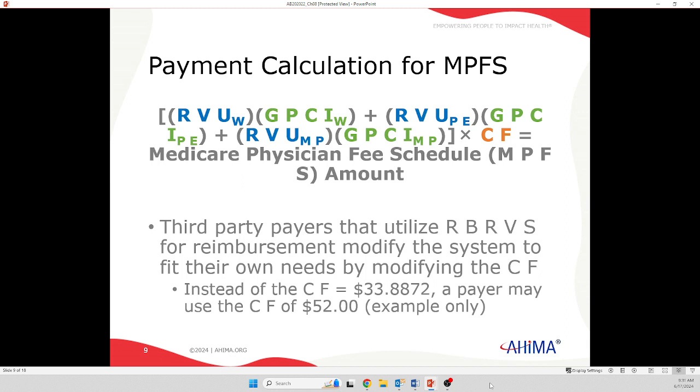What does GPCI stand for? GPCI stands for Geographic Practice Cost Index. Remember, that's where we compare it to our locality. And then what portion of that fee schedule is paid by Medicare?